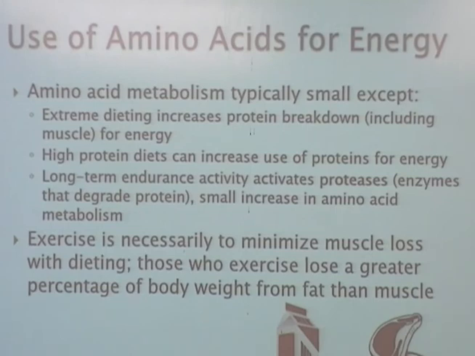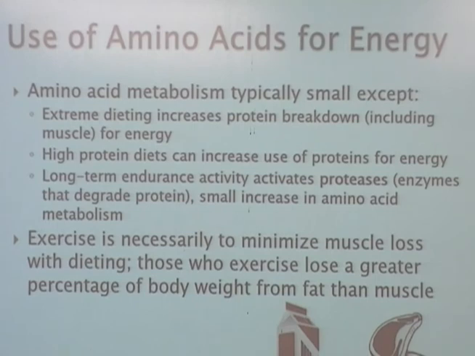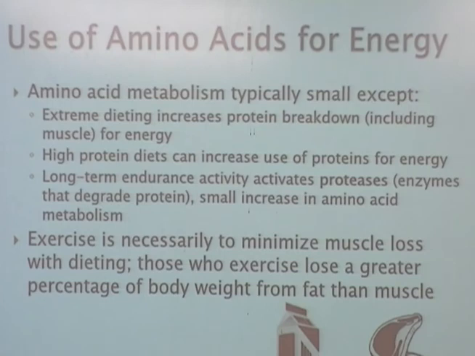Remember I said the other day that they take information and they twist it a little bit. So they're not really lying, because if they lie, they can be in trouble. They just don't quite tell the whole truth. If you eat a high protein diet, a high carbohydrate diet, or a high fat diet, your body will over time adapt to use more of the substrate it is being provided with for energy.